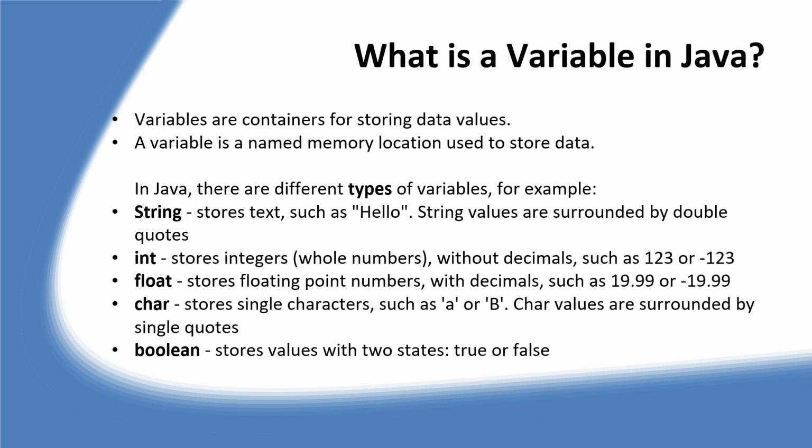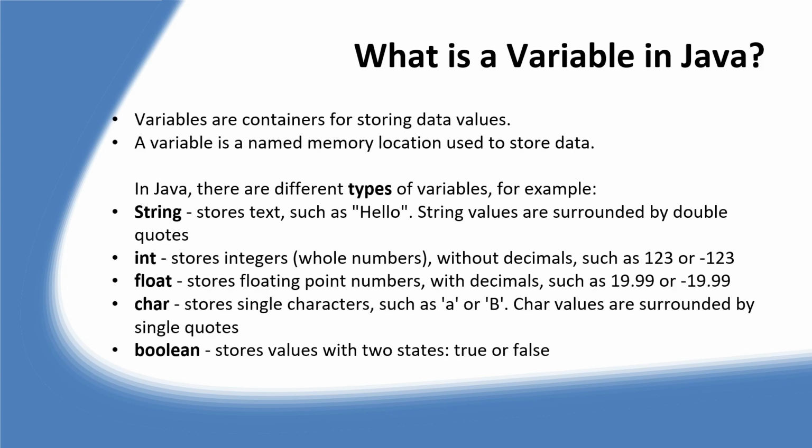We have already seen that variables are containers for storing data values. A variable is a named memory location used to store data. In Java, there are different types of variables: string, int, float, char, boolean.